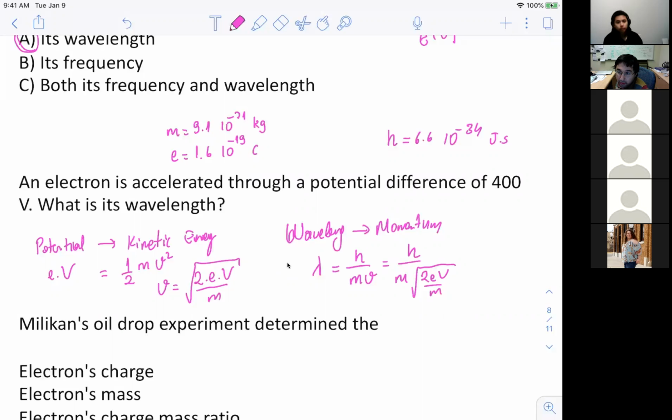For example, when you have an electron accelerated through 1 volt, it gives 1 electron volt of energy. So yes, they are the same. So I can simplify. If you put m inside, one of them is going to cancel. It's the mass of the electron.